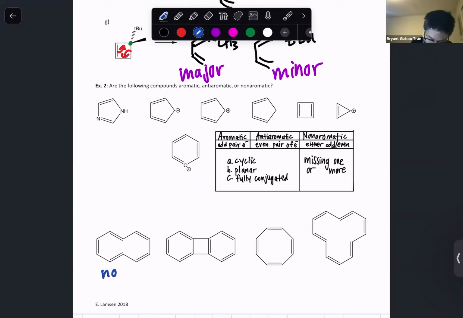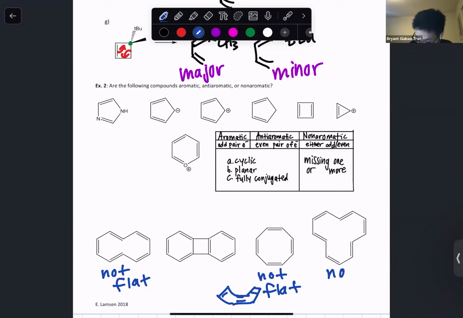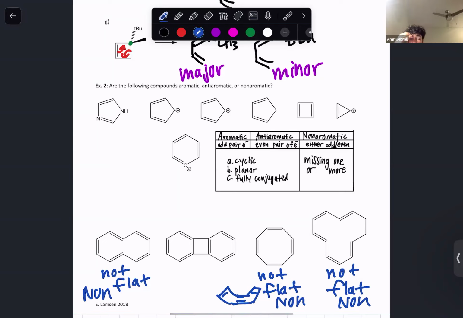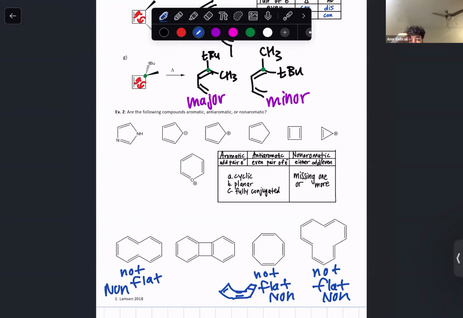This is the one that we just did, which is not flat. This is also not flat. It's going to have this kind of boat shape. And this is also not flat. So that makes all of these non-aromatic. These three here, non. But for the other ones, we could assume everything else is cyclic. I mean, everything else is planar.